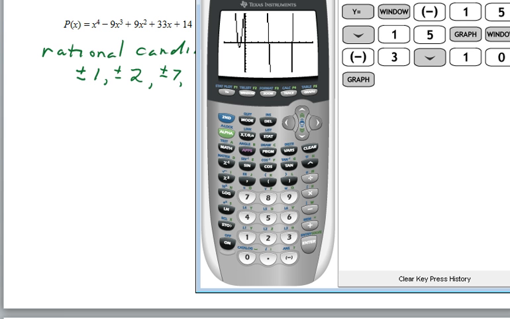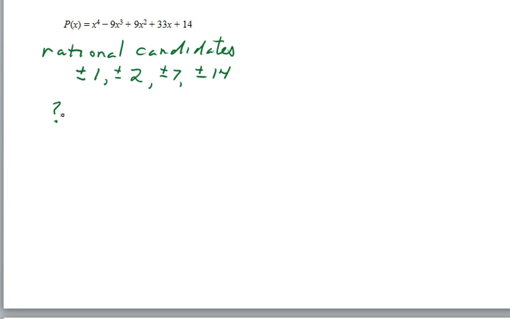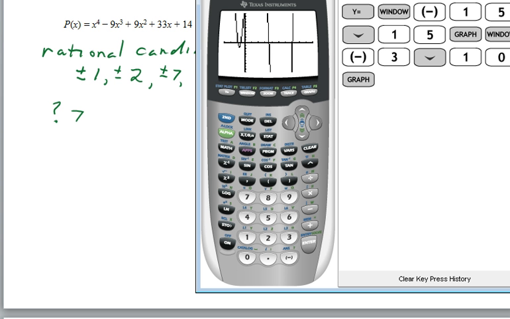All right. It does look as if we've got a 0 at 7, I think. 1, 2, 3, 4, 5, 6, 7. So I'm conjecturing that there's a 0 at 7.